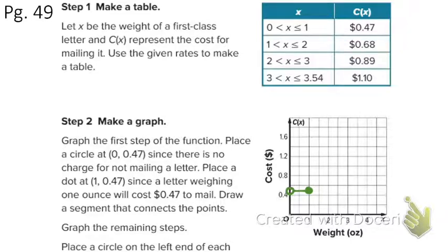So it's going to go up just a little bit, but this one is starting at 1, so I'm going to put it here, and it's ending at 2. So we kind of have to approximate to the best of your ability. Try to determine where 68 cents would fall. These numbers are a little tricky to graph because they're not on the actual axis. So we have to approximate. Try to graph the next step by yourself.